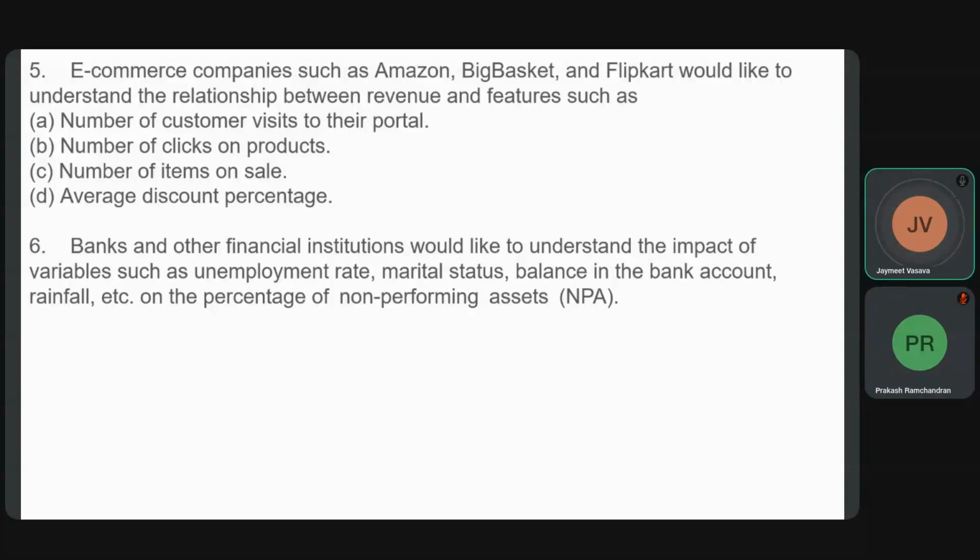Then banks or other financial institutions willing to understand the impact of variables such as employment rate, marital status, balance in the bank account, rainfall, etc., on the percentage of non-performing assets, called NPA.